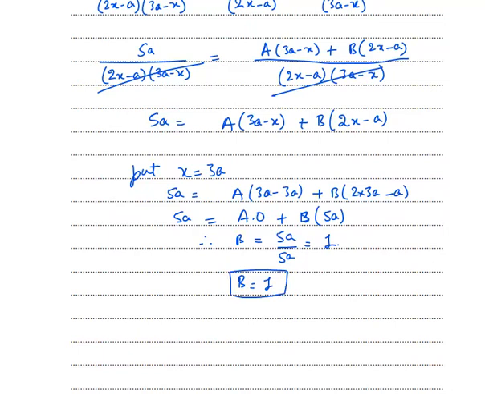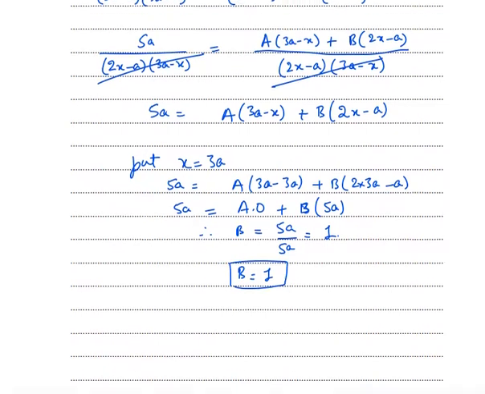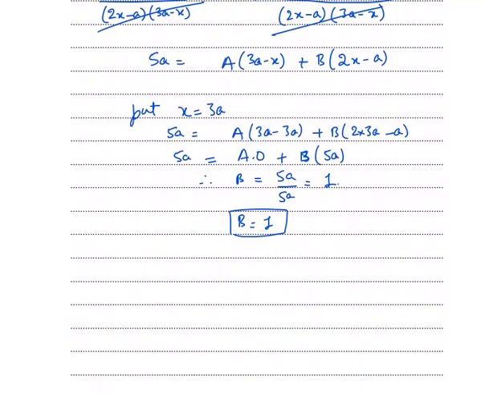Now, in order to find for a, you can plug in x is equals to a. So put x is equals to a. We have 5a is equals to a into 3a minus a plus b into 2a minus a.